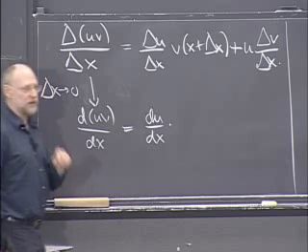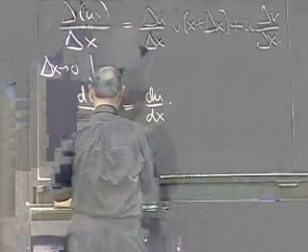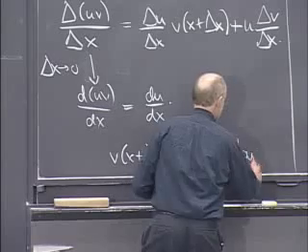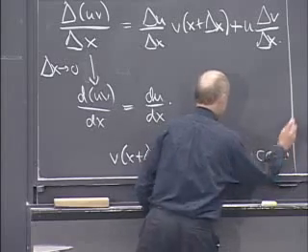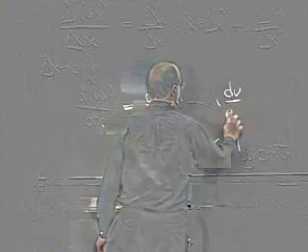So I'm getting closer and closer, so this quantity is getting closer and closer to x, so what happens to the value of v? It becomes equal to v of x. That uses continuity of v. So v of x plus delta x goes to v of x by continuity. So this gives me du dx times v, and then I have u times dv dx.